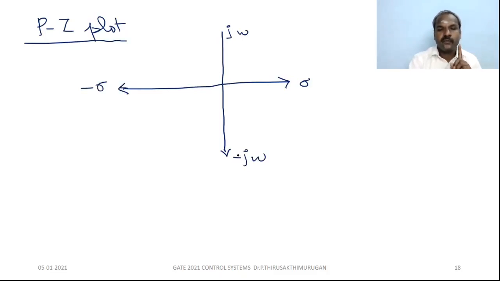One pole is at -2, real value, plus j4, and the other at minus j4.